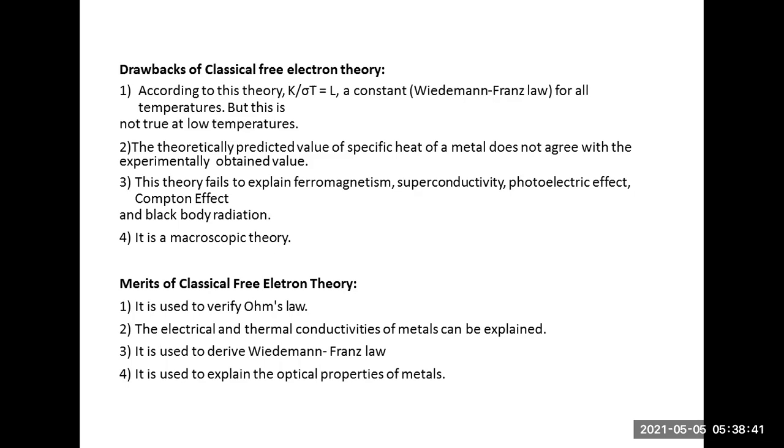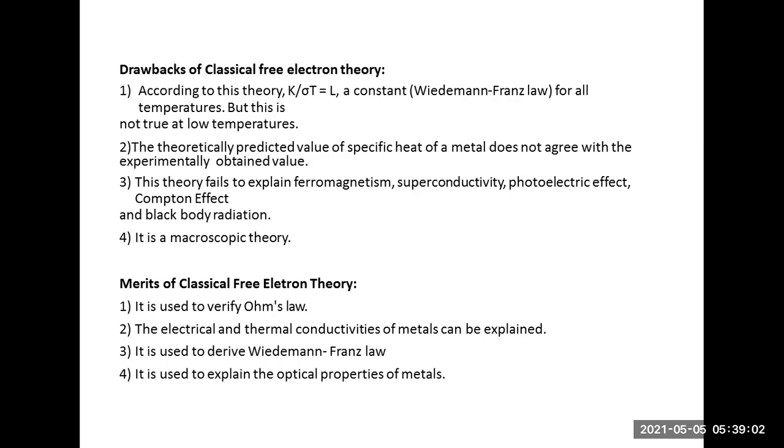When you talk about the atom and the elementary particles residing in the atom, it should be a microscopic study. But this theory is a macroscopic theory, which is one of the drawbacks of classical free electron theory.